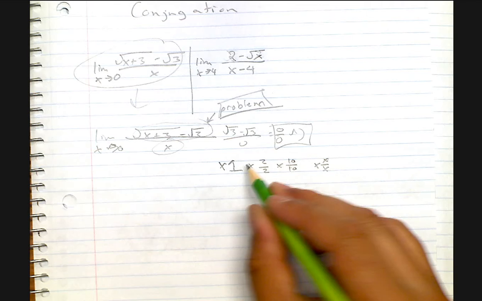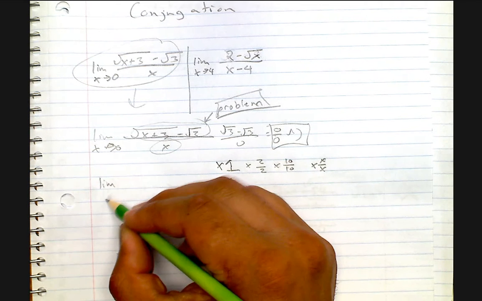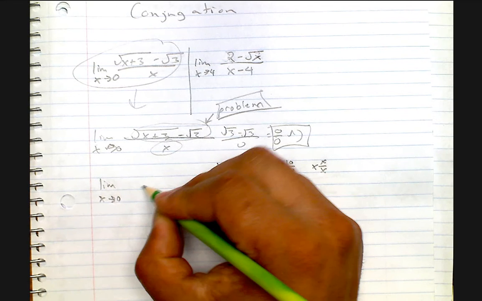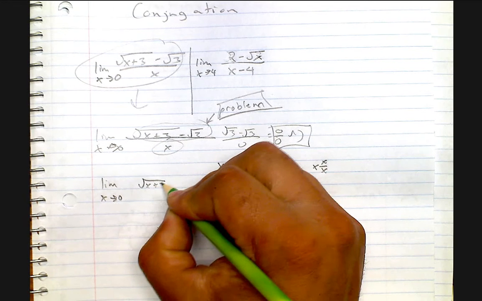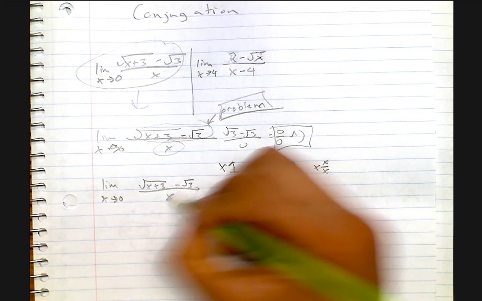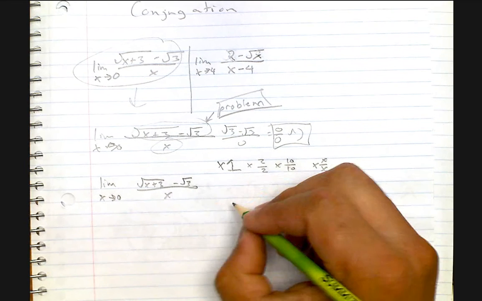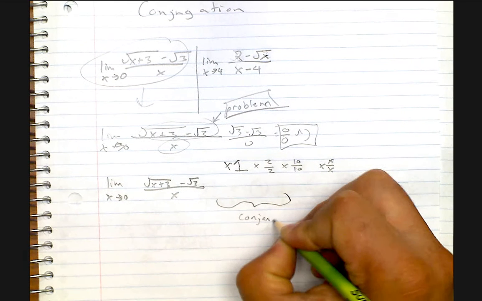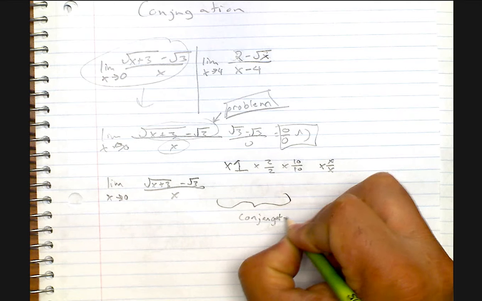So what we're going to do is find a very, very special one. It's called a conjugate. Conjugate is fairly complex, but it's easy once you understand what it is.